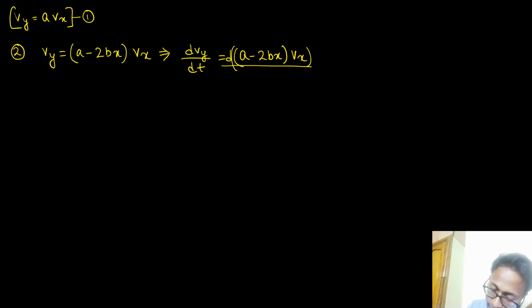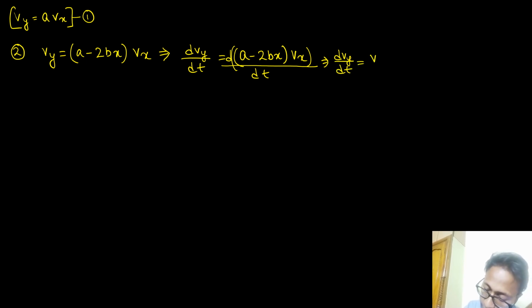I differentiate velocity with respect to time: dvy by dt is equals to (a minus 2bx) into vx, by dt. See, I can separate this term. Let's solve this first.